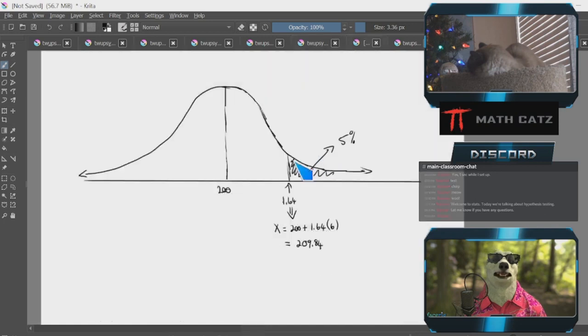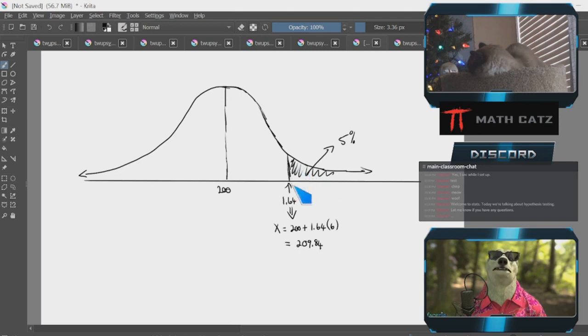in our comparison distribution. We have an alpha of 5%. That's what we're okay with to decide if we should reject the null hypothesis when the evidence is strong enough that if I get something out here, that's pretty unlikely. I'm going to see that as evidence that the mean is in fact not 200, but a change has occurred.